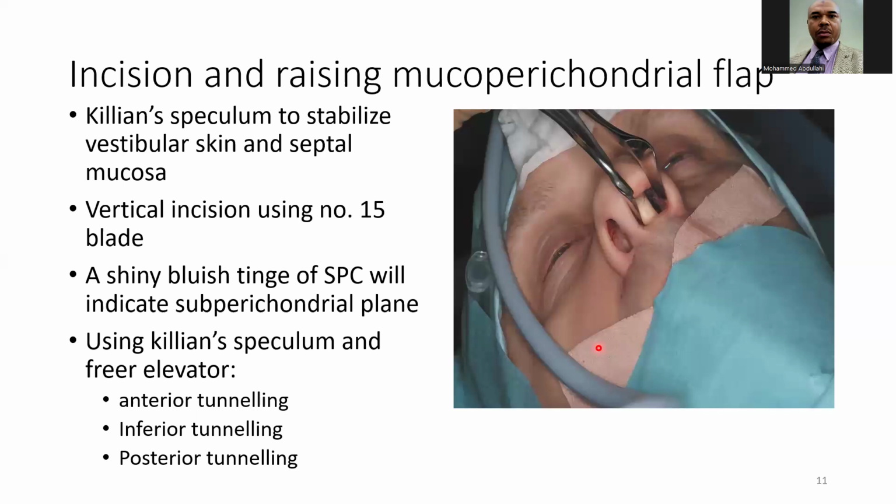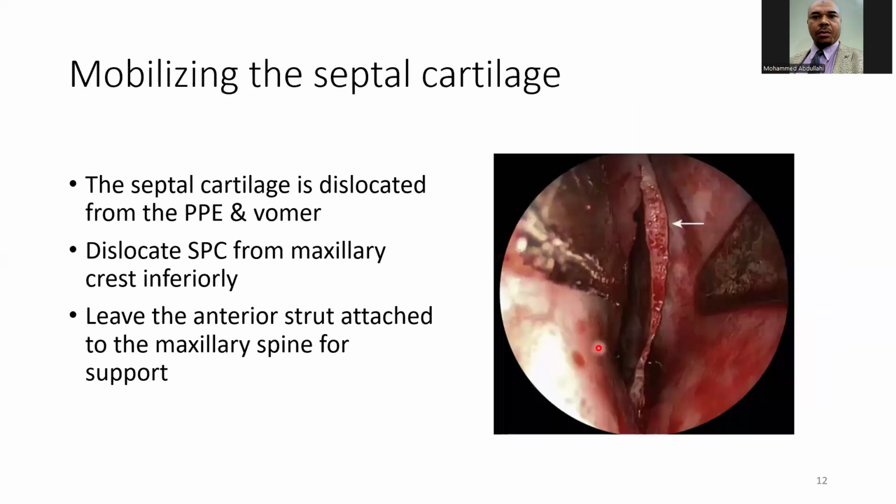The anterior tunneling means you are elevating the flap from the septal cartilage. Inferior tunneling is elevating the flap along the anterior nasal spine and maxillary crest, and posterior tunneling is elevating the flap from the bony septum.